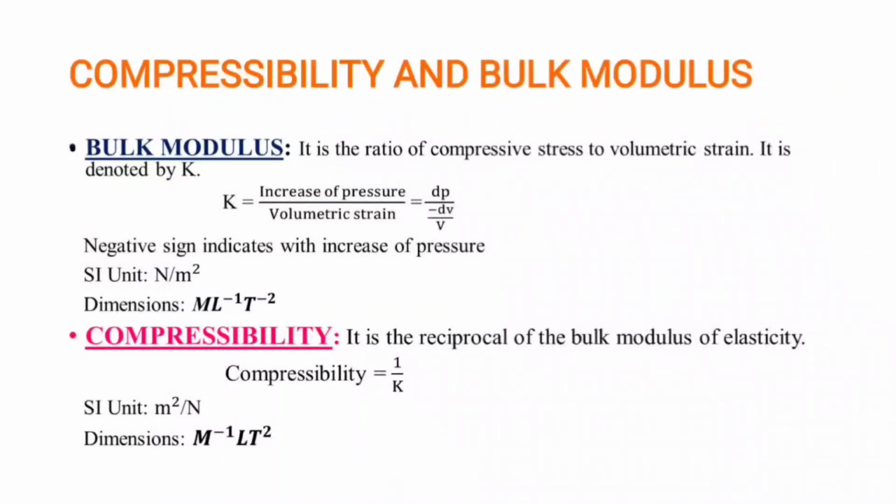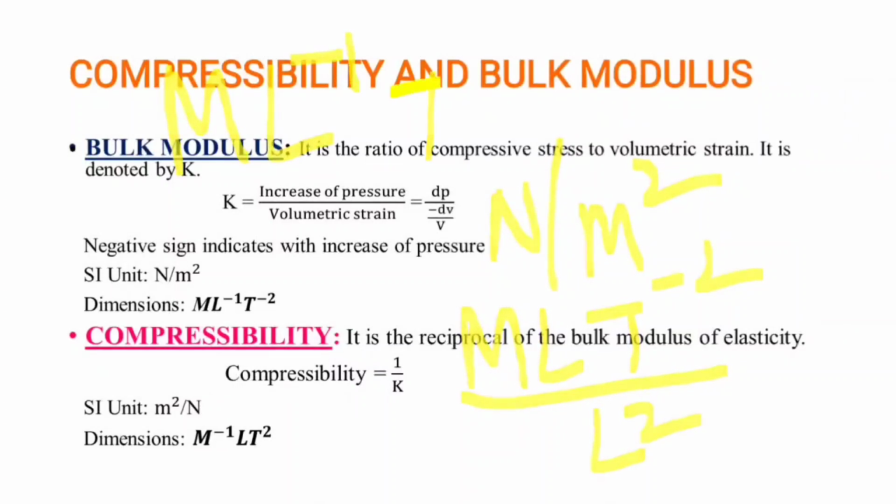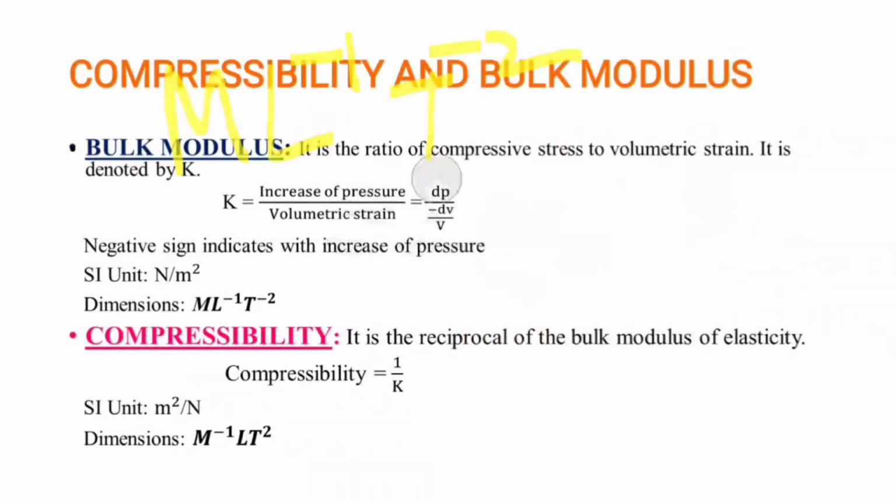The unit of bulk modulus is Newton per meter square. In dimensions, Newton is M L T power minus 2, divided by L square. That is, the dimensions are M L power minus 1 T power minus 2 for bulk modulus. Compressibility beta is the reciprocal of bulk modulus.